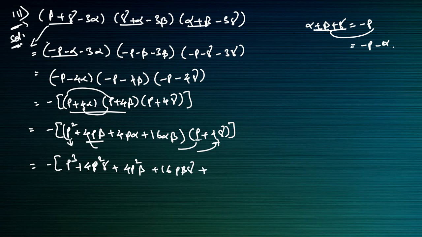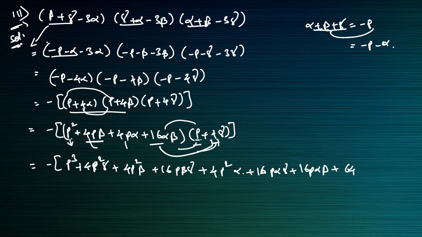Plus 4p square alpha, plus 16 p alpha gamma. And this one multiplied with this one: 16 alpha beta p, plus 16 into 4 is 64 alpha beta gamma will come here.